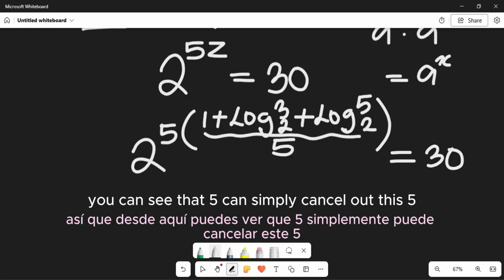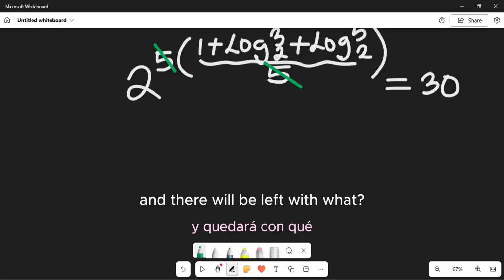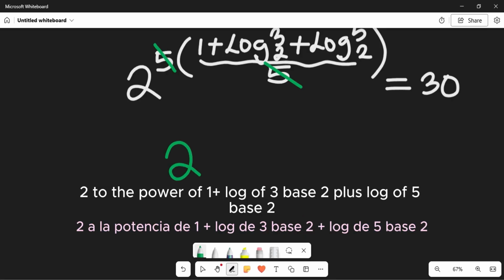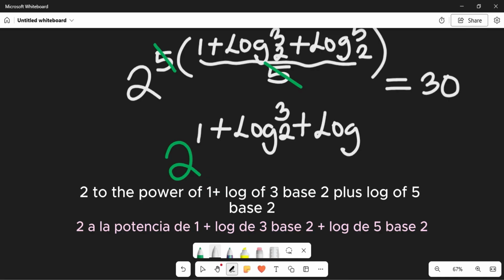So from here, you can see that 5 can safely cancel out these 5, and then we'll be left with 2 to the power of 1 plus log of 3 base 2 plus log of 5 base 2.